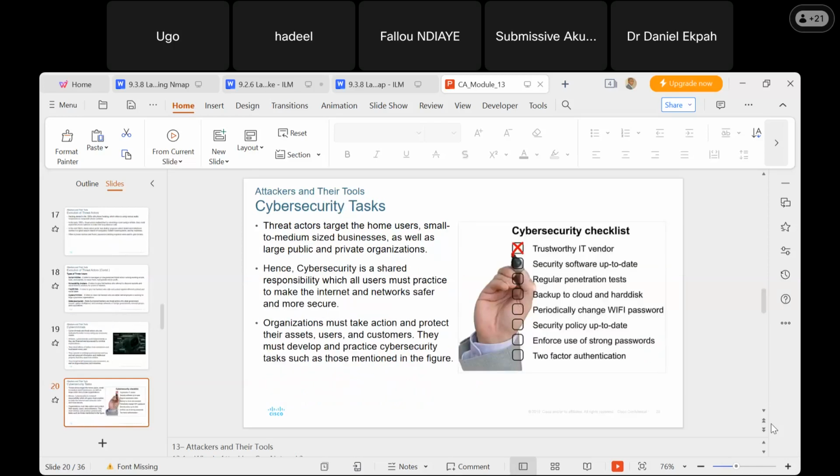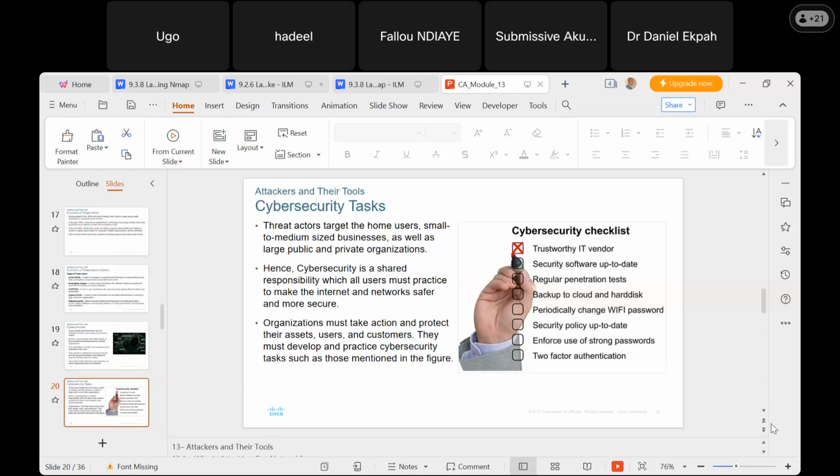So, cyber attacks. Threat actors target home users, small to medium-sized businesses, as well as large public and private organizations. They have a checklist, you can see here to your right. Also note that this guide shares responsibility which all users must practice to make the internet and network safer and more secure.